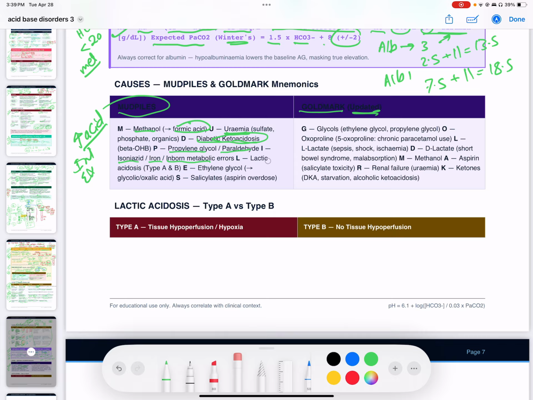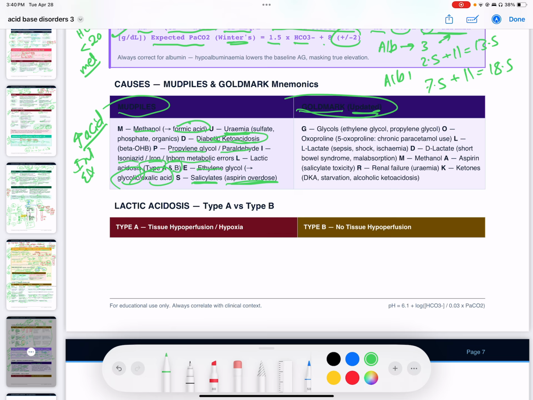L stands for lactic acidosis, and we'll learn about the different types of lactic acidosis, whether type A or type B. E in the MUDPILES stands for ethylene glycol, which gets metabolized to glycolic or oxalic acid, and S for salicylate, which is salicylic acid, which comes from aspirin overdose. So this is the MUDPILES.